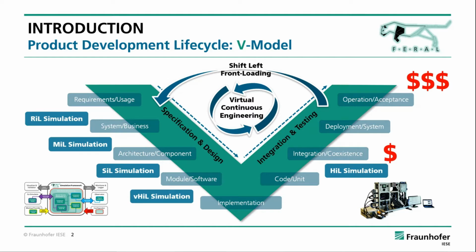For the other phases, testing on the model level, software component level, and later the hardware, dedicated infrastructure and tooling is available. But for integrating different systems from different domains, so heterogeneous systems, this is really a new topic.